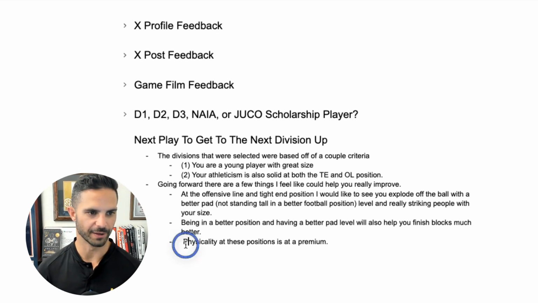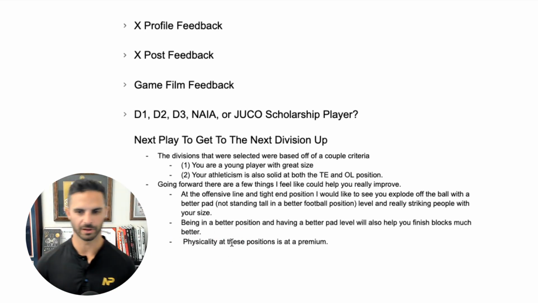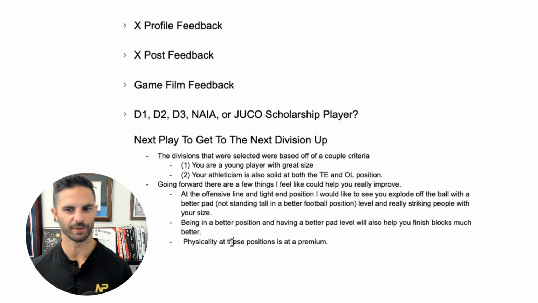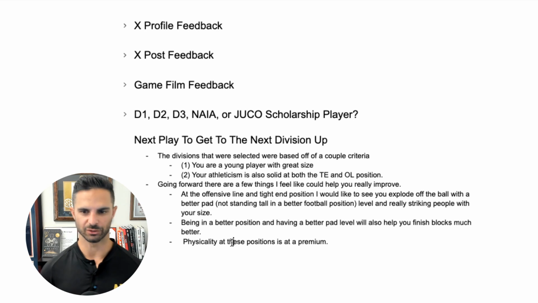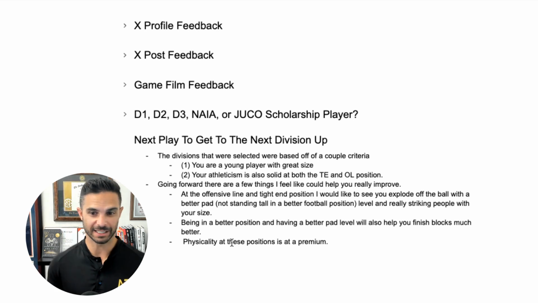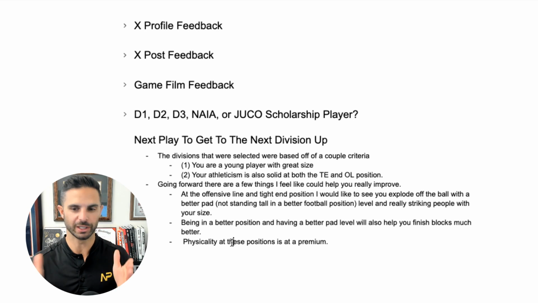And then physicality at these positions, like on the line, man, even at tight end, on the line, at tight end, physical, violent type players. This is what they're looking for at the next level. And so I want to see you just striking people, driving them backwards, especially on run plays. This is what separates the ability, like what you're doing, you're winning, right?